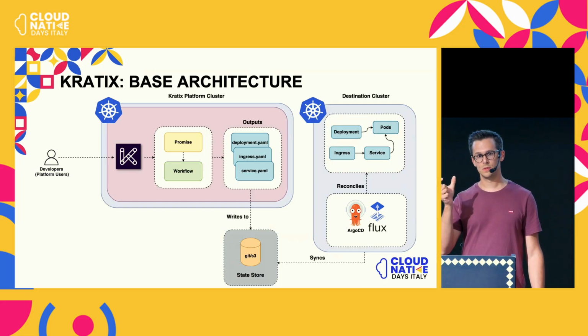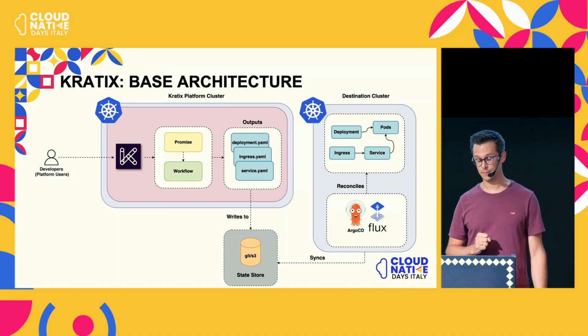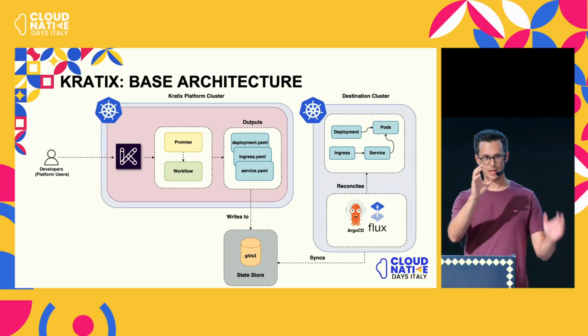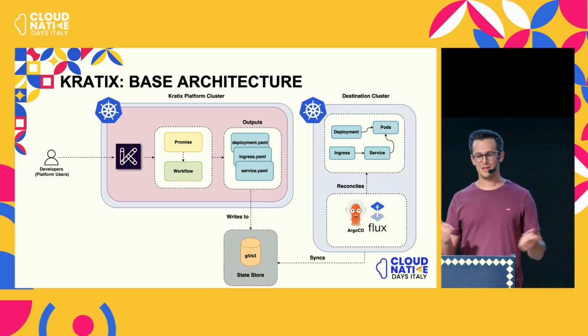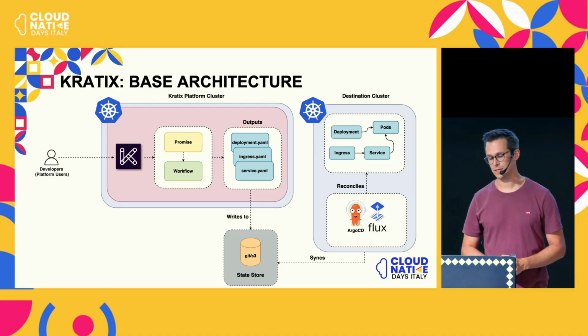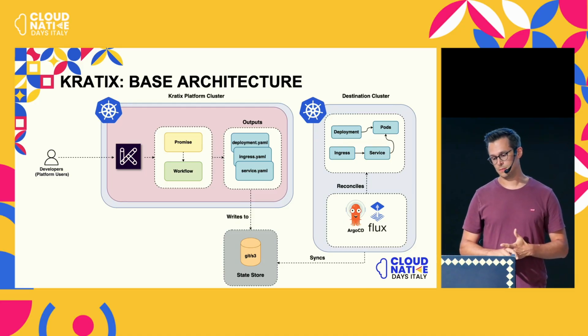But in the end, your GitOps tool will basically check the state store, pointing to the same state store, and deploy whatever files there are, or reconcile these files to the destination cluster. So you see that there's no direct connection from Kratix, from the management cluster, to the destination clusters, which means you can hook up as many destination clusters as you want to that setup, because in the end, they are just pointing to the state store.